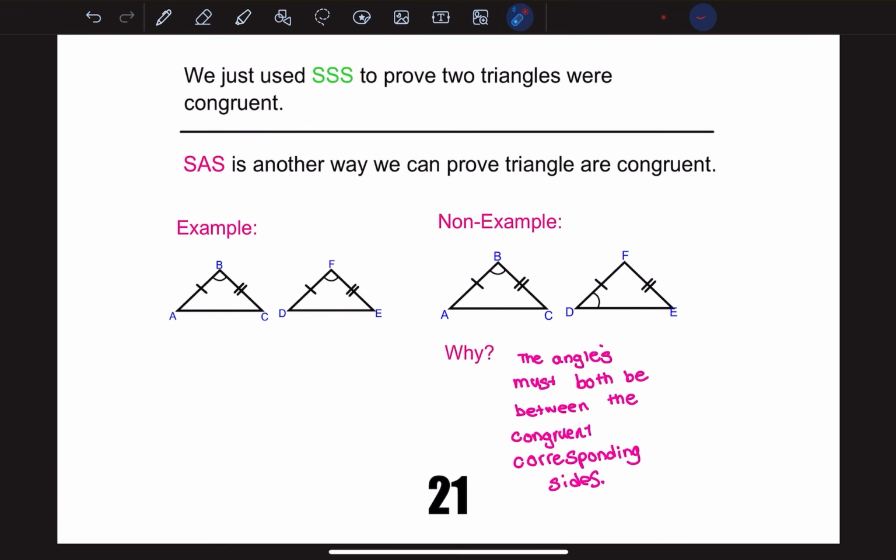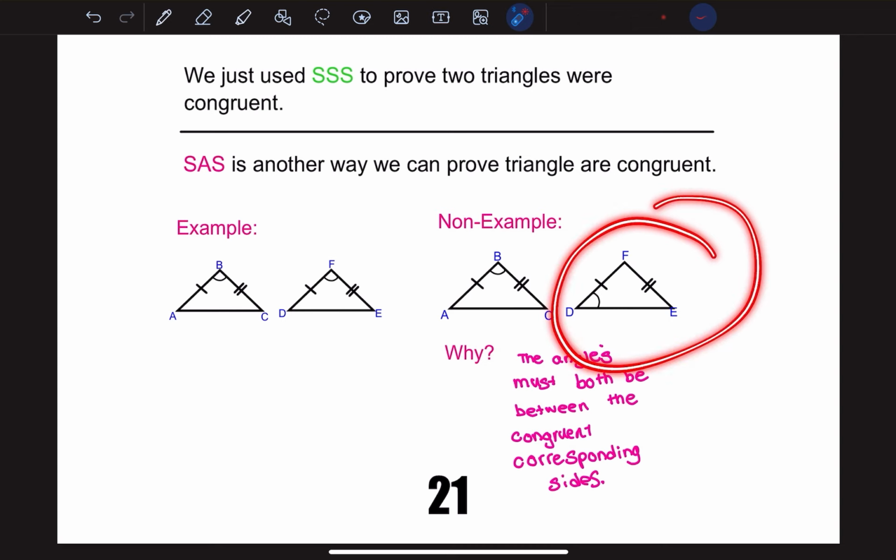Like we had talked about yesterday in our brief reference, side, angle, side is another way that you could do this. So here is a good example of side, angle, side. You have congruent side, angle in the middle, congruent side finishing the sandwich. Here, this triangle looks good.